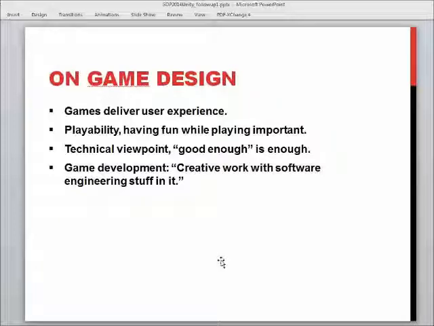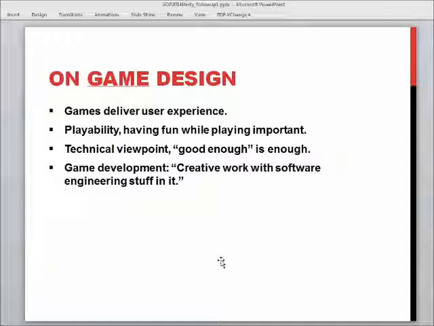So playability, having fun, and having the desired user experience is important, and the technical viewpoint, the traditional viewpoint of software development, is more or less relegated to the role of good enough is enough.